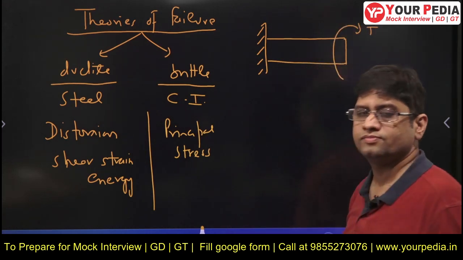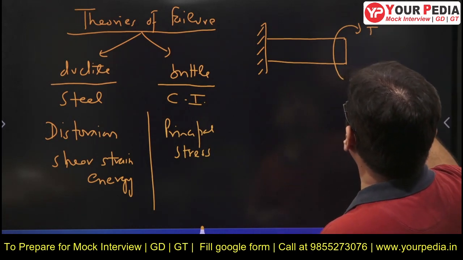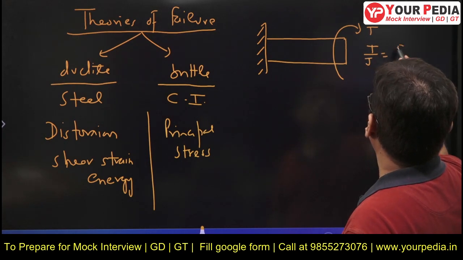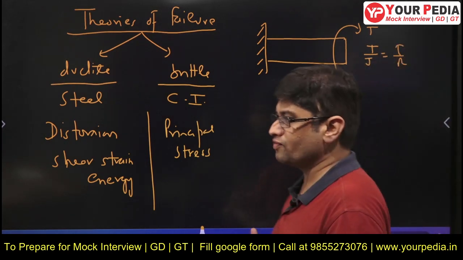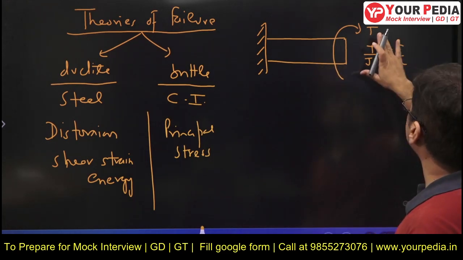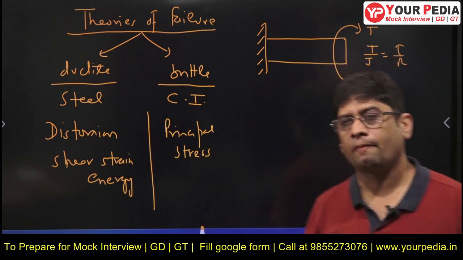So I basically induced shear stress, T over J equals tau over R, those kind of equations you already know. So torque induces the shear stress.